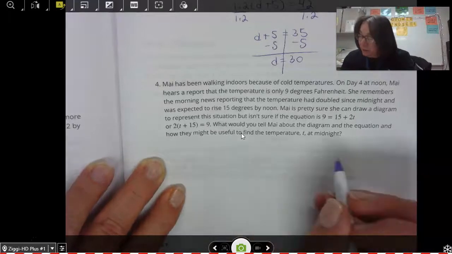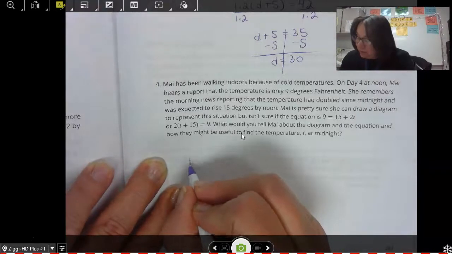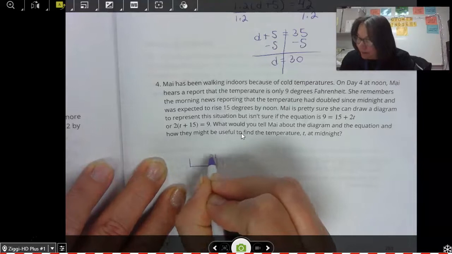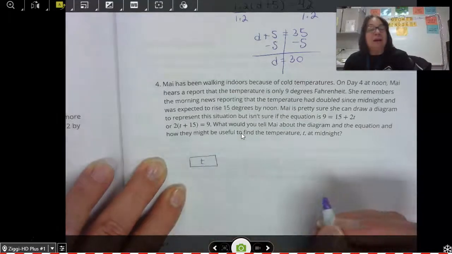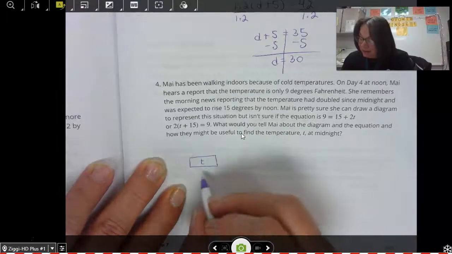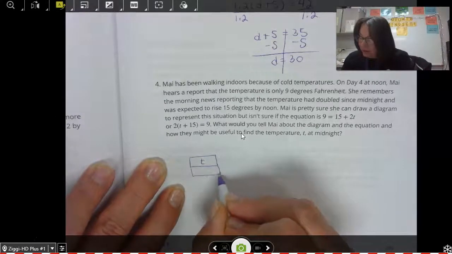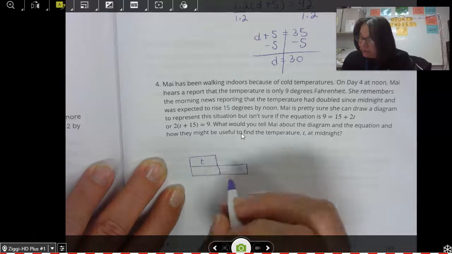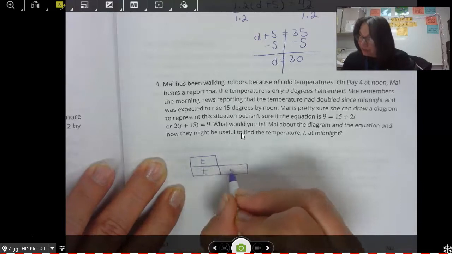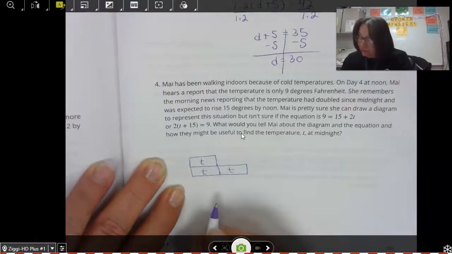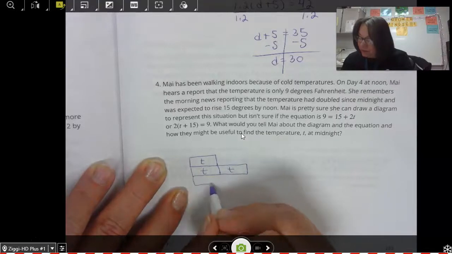So what do we know? We know that the temperature was something. This is your temperature. And then it doubled since midnight. So since midnight, you're going to have 2 t's, right? It doubled. And then it was going to rise 15 degrees.